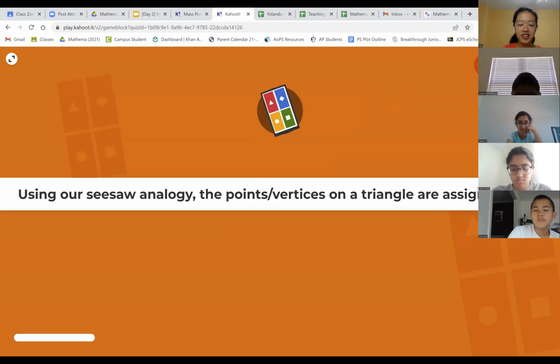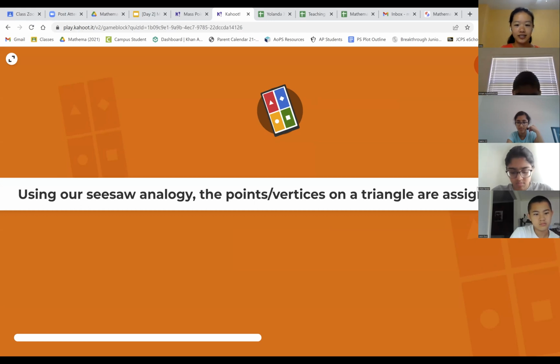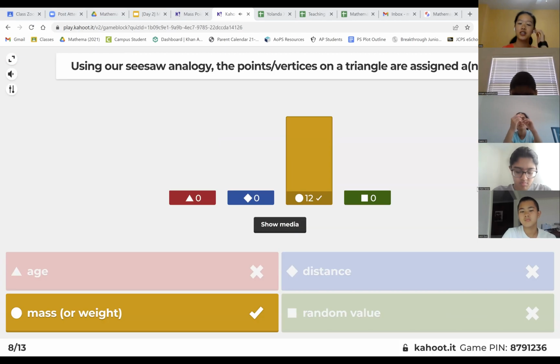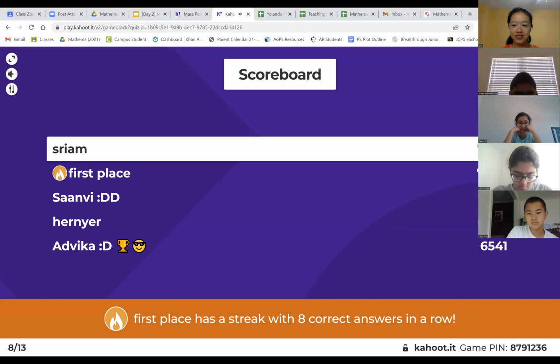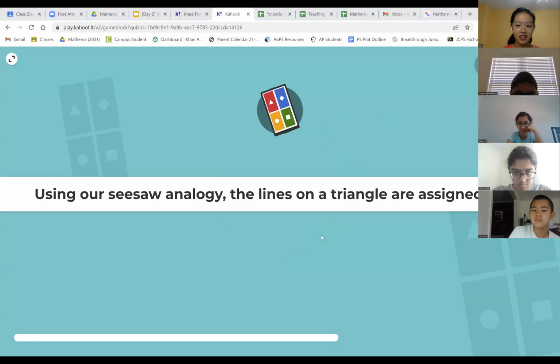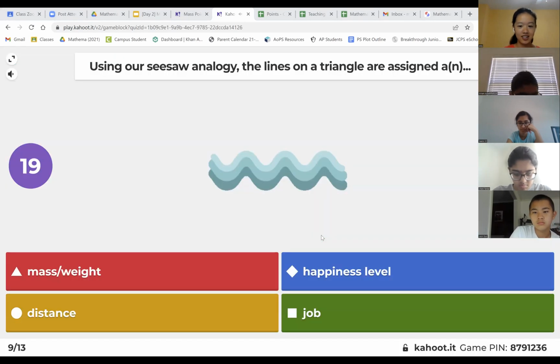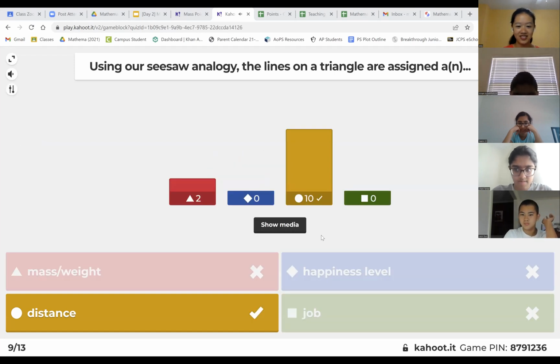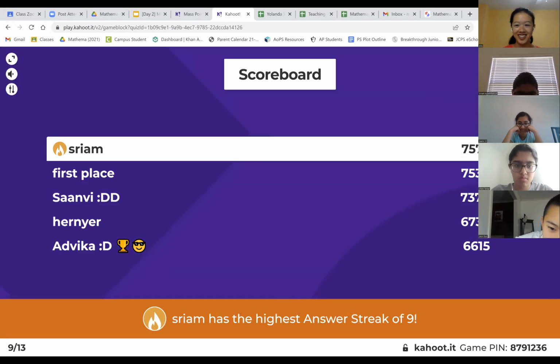Okay, using our seesaw analogy, the points on a triangle are assigned... Yes, you assign the points and vertices with weights. Okay, using our seesaw analogy, the lines are assigned... Yeah, the lines are assigned the distances. They are assigned a job to help us with the correct answer.